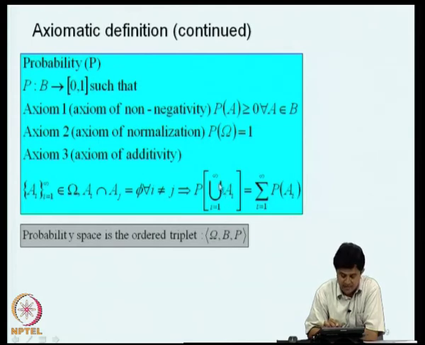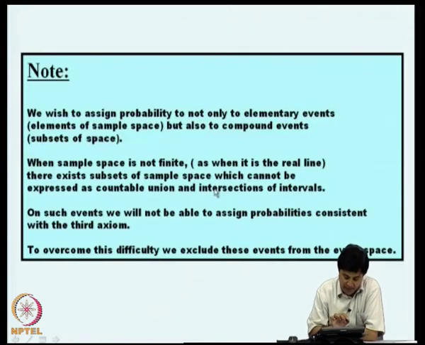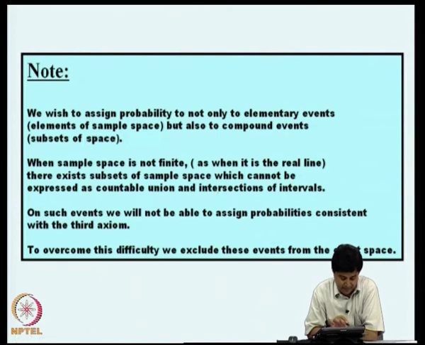This union of these sets typically we would like also to be an event. It has to be a member of the event space. When the sample space is not finite, for example, when it is on the real line, there exist subsets of the sample space which cannot be expressed as countable union and intersection of intervals.